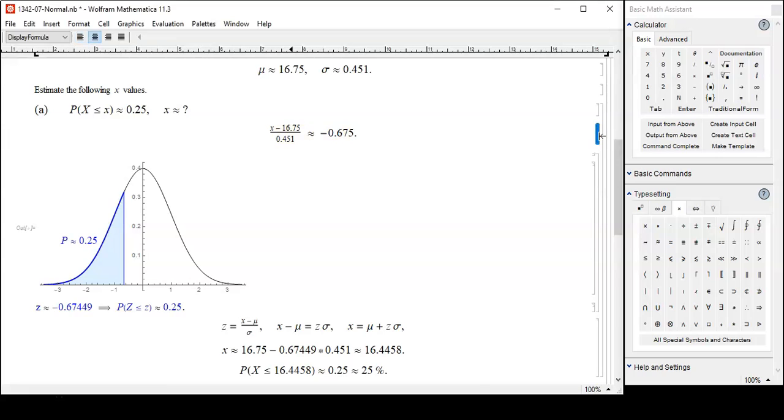And from here, you can solve this equation. How do you solve this equation? Well, you can remove this denominator to the other side.